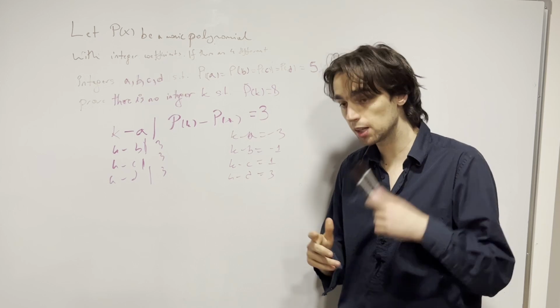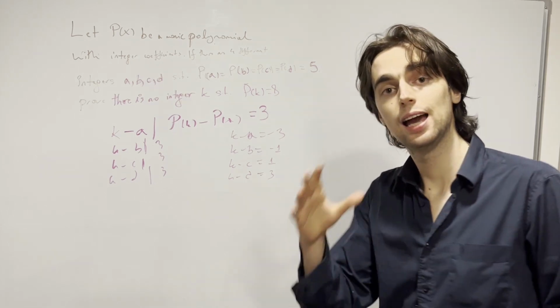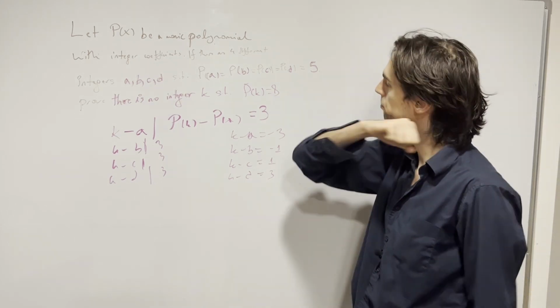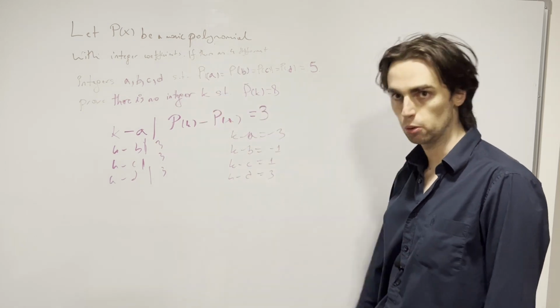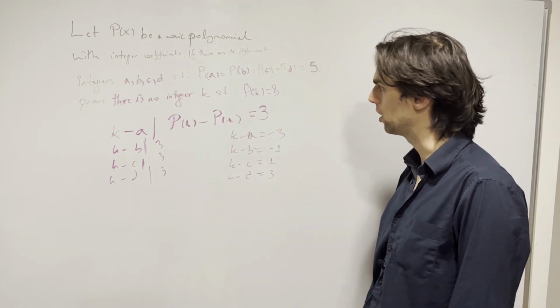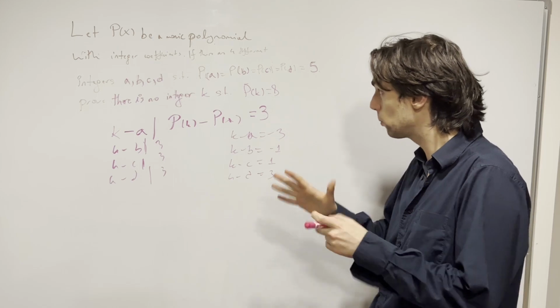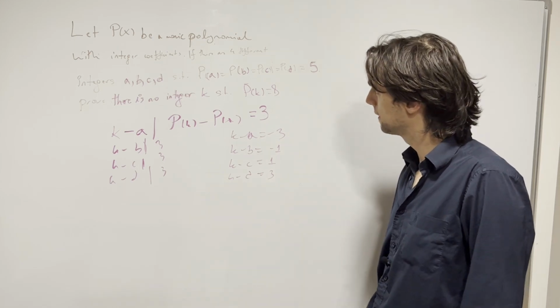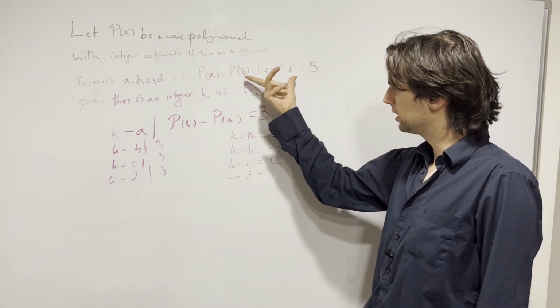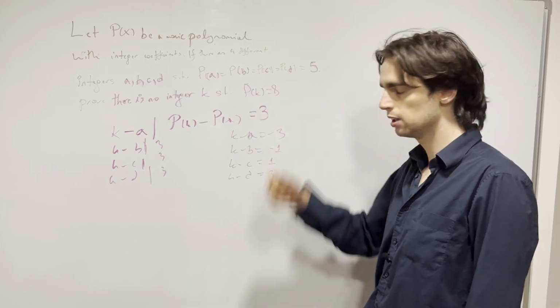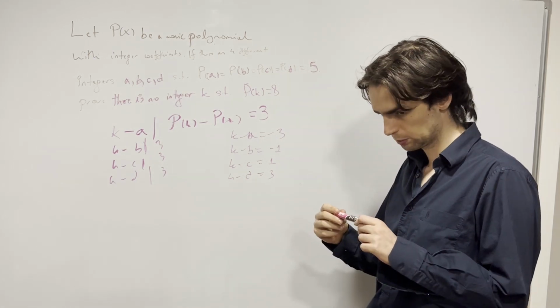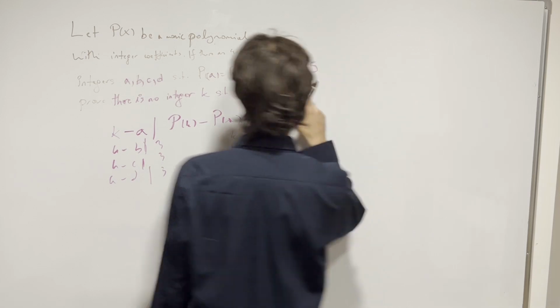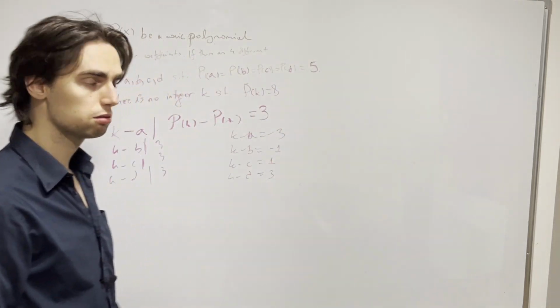I invite you to pause for another 10 minutes and figure it out. And here's the next step. So we haven't used the fact that it's a monic polynomial at all. So we have these 4 points where p is equal to 5. Let's see what happens with the polynomial p of x minus 5.